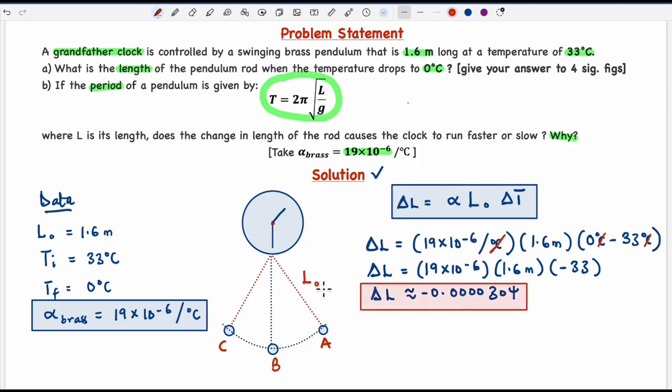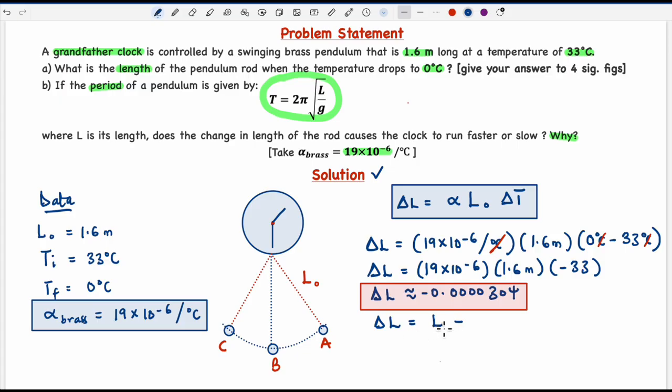So this L0 has shrunk, and to find the final length, we know that this delta L is simply L final, that is the L that we are going to find, minus the L initial. So that will give us the final length to be the initial length plus the change in length that occurred due to the change in temperature. We can see that the change in length is negative, indicating that the length shrank or reduced.